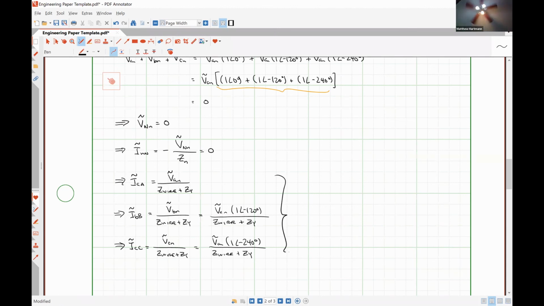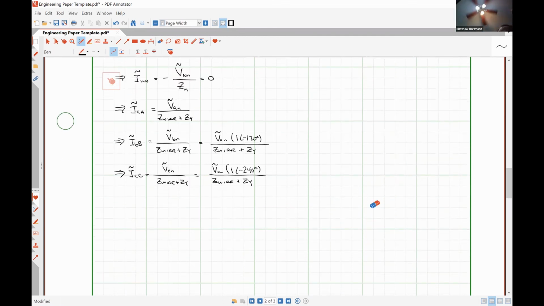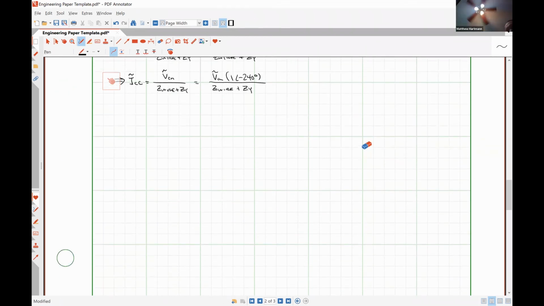Actually, I wrote it down a different way, so let's do it over here. So for a balanced three-phase YY system, our neutral current is 0.